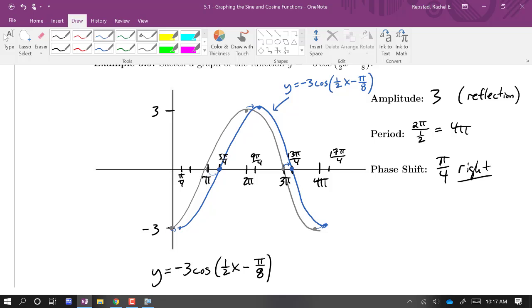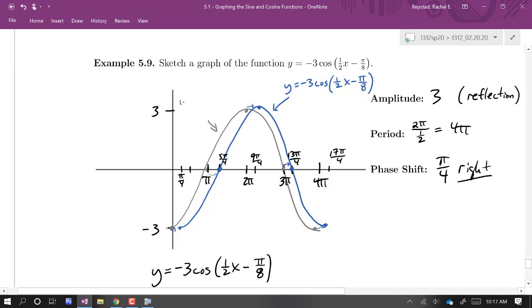The one we did in gray is just the one without the phase shift, so that's -3 cosine 1/2 x. Questions?